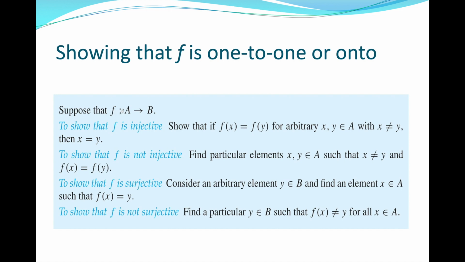Suppose that f: A to B. To show that f is injective or one-to-one, show that if f(x) equals f(y) for arbitrary x, y in A, then x equals y. Equivalently, if x is not equal to y, then f(x) is not equal to f(y).